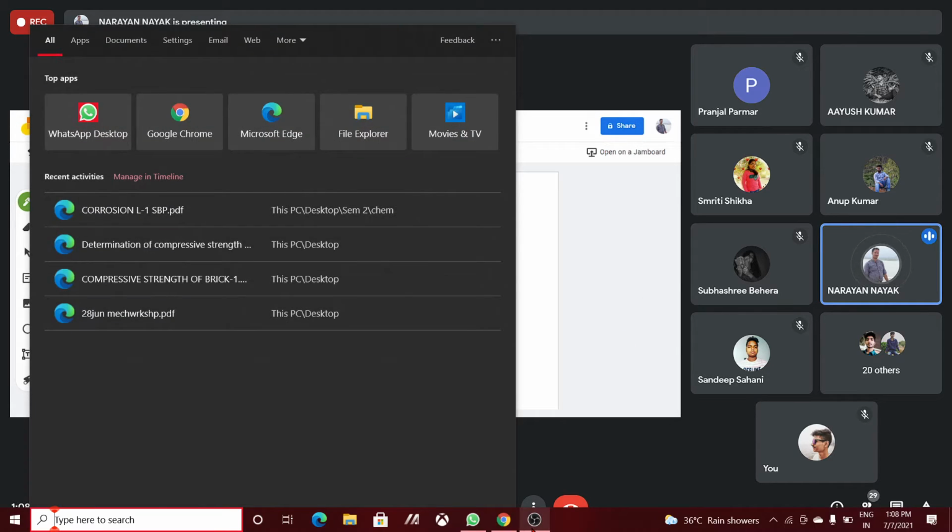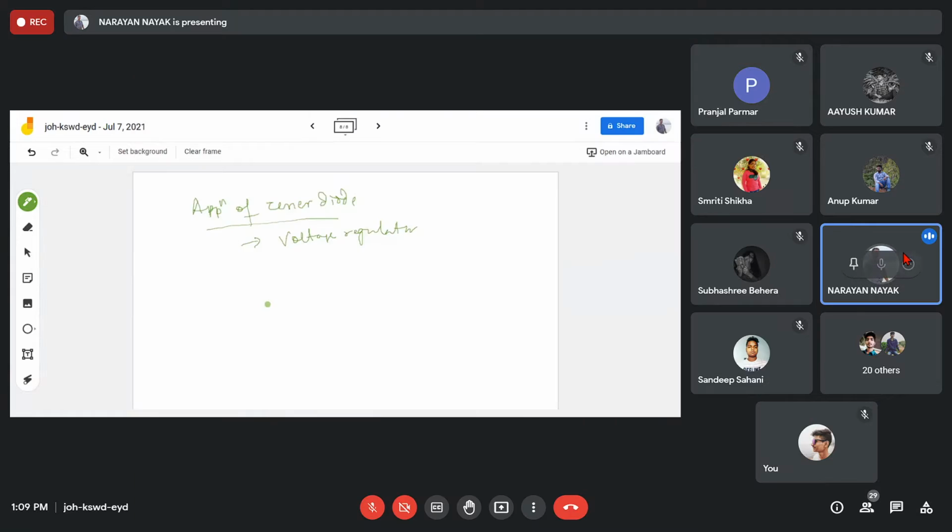You just go through the proper diagram here. We are applying some voltage, that is Vi, with the fixed resistor R, and the diode is connected like this, with load resistor RL, and here we are getting the output VL, the load voltage.